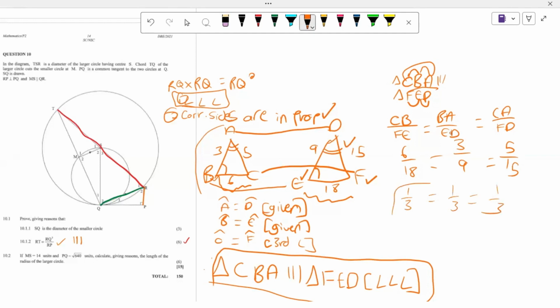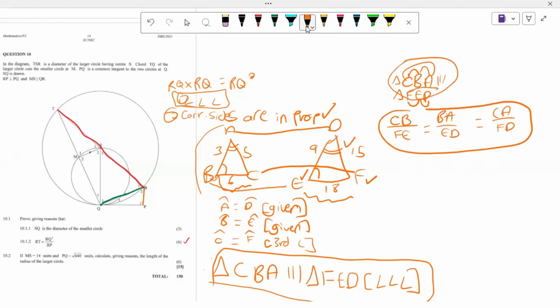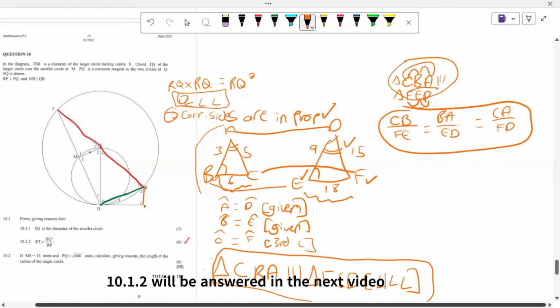So that's what we mean when we say corresponding sides are in proportion. But for this question, we don't have numbers. We are only dealing with sides. So after proving similar triangles, our solutions would come from here. As I said, nine times out of ten, we have to deal with it like this.